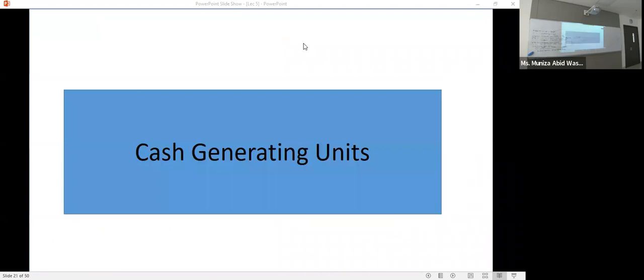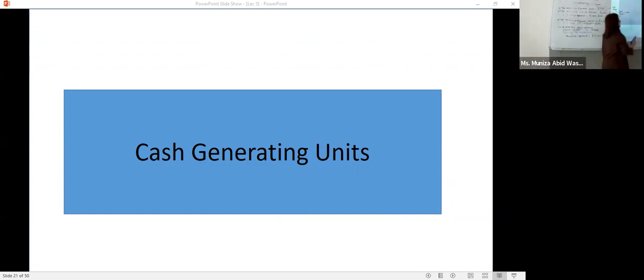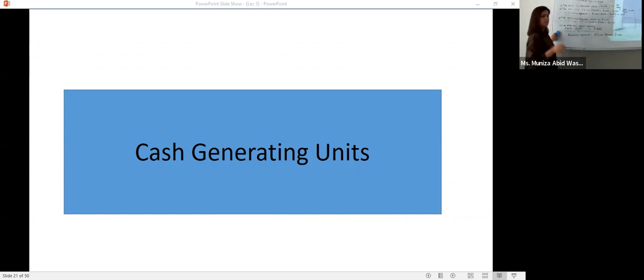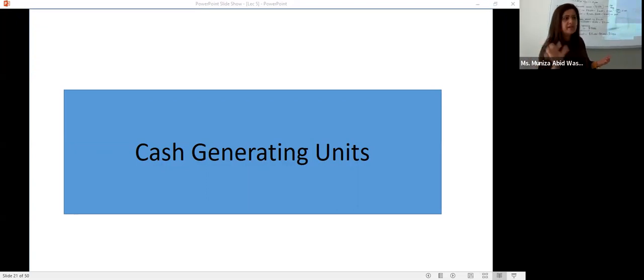Now, students, the next discussion under IAS 36, which we are going to do, is in regards to the cash generating units, shortly known as CGUs. Sometimes there are assets of small amount in the organization. Consider a restaurant. In a restaurant, there are items which can be collectively called an asset, but individual recognition would be very difficult in the books of accounts.